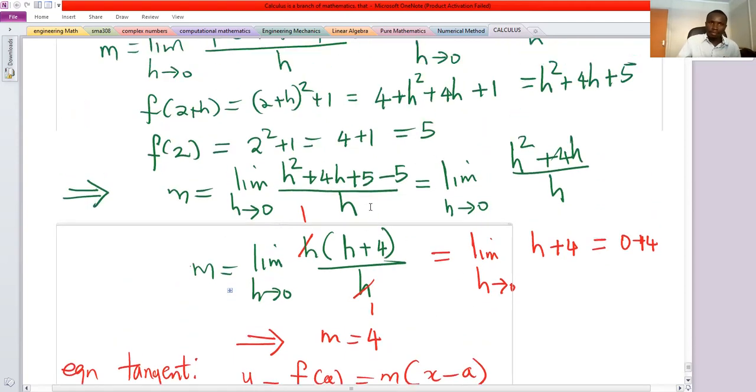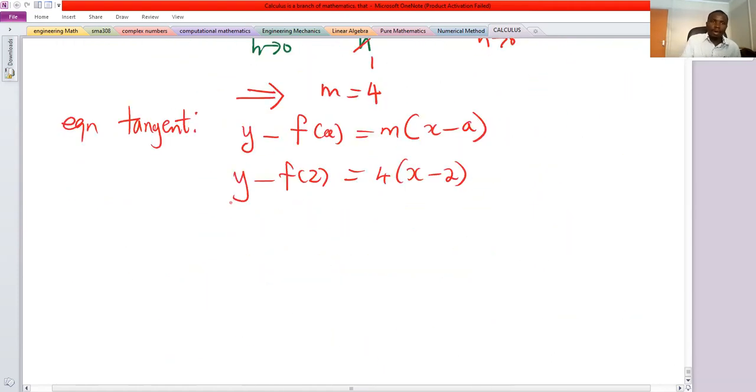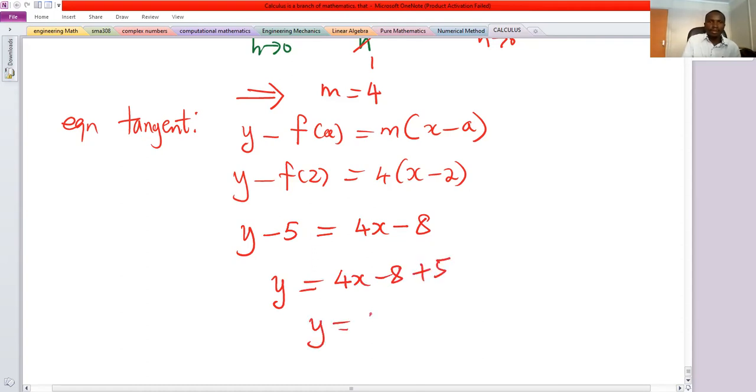And from our calculation, f of 2 is 5. So we'll have y minus 5 equals 4x minus 8. So y equals 4x minus 8 plus 5. So y equals 4x minus 3. So that's the equation of the tangent to that curve at the point (2, 5).